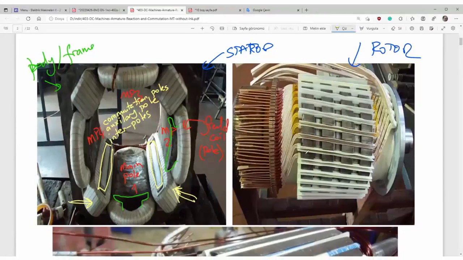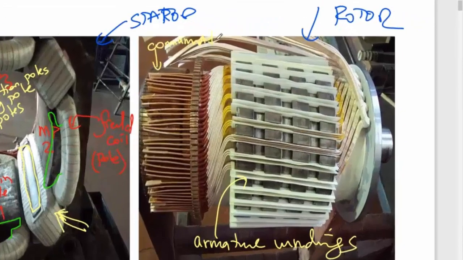Here you see armature winding. Lots of winding. Here is the commutator. Commutator segments. Multiple segments you see. All coil ends are connected to commutator segments.